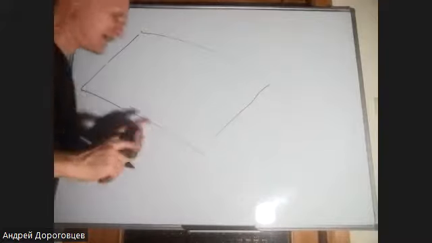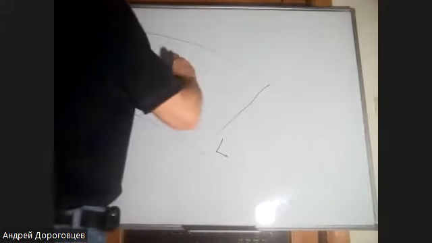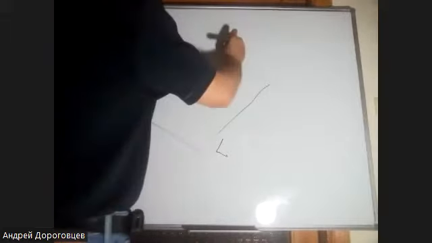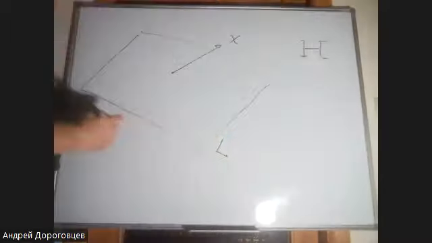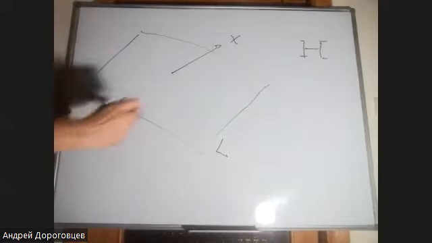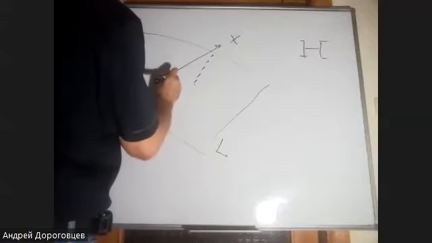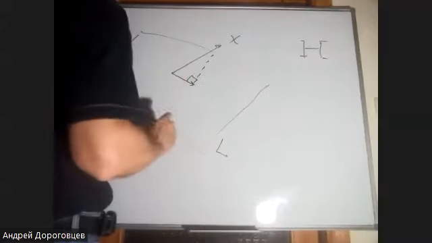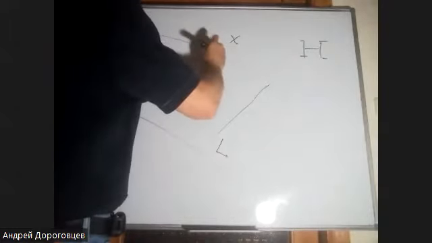So we have some subspace, and we have some vector x which does not belong to this subspace. In the Hilbert case, one can organize the orthogonal projection of this x onto the space L, and also the orthogonal complement.